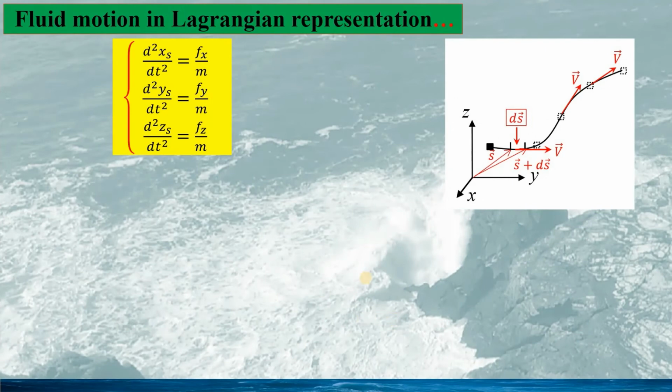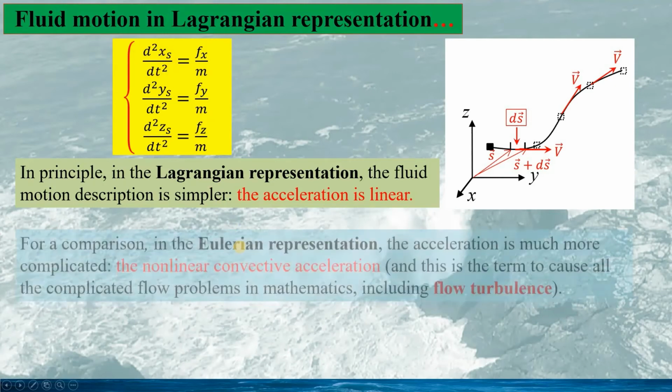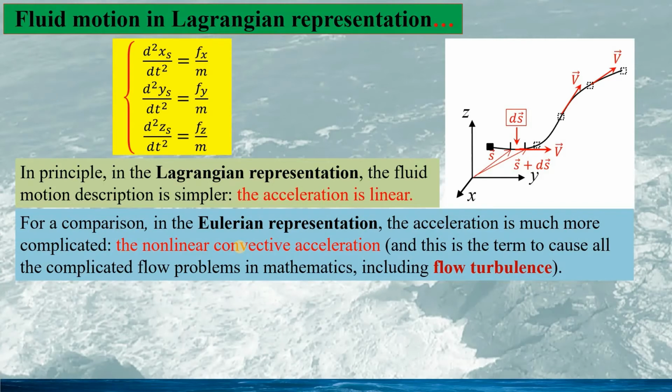And from the dynamic equation, we can see that in the Lagrangian representation, the fluid description is simpler, at least in principle, since here the acceleration of the fluid particle is linear. If we compare it to the Eulerian representation, which we will discuss in a different talk, the acceleration is much more complicated, with the nonlinear convective acceleration.